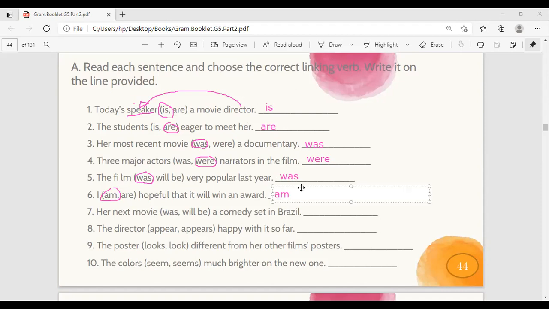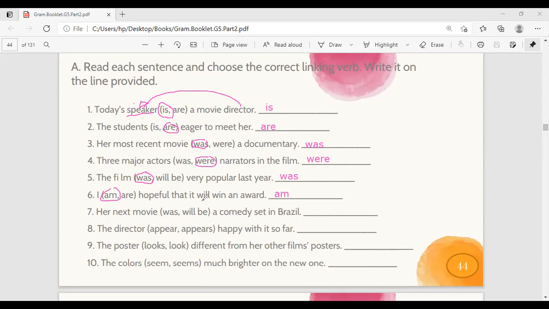Number 7. Her next movie will be a comedy set in Brazil.